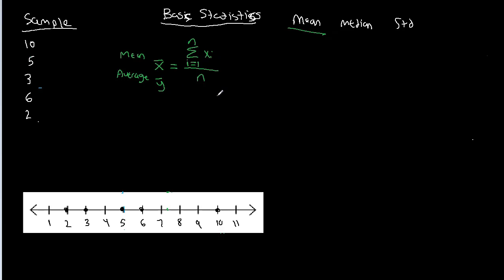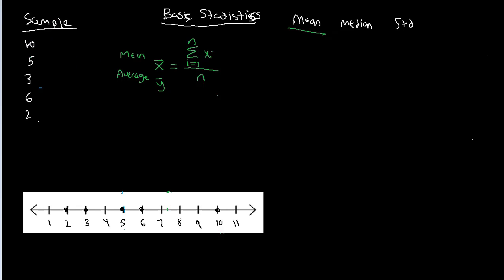Just taking a step back, conceptually what the mean does is it adds all the numbers in the data set and then divides by the number of items in the data set. So what this is doing is the exact same thing. The summation from i equals 1 to n is just a fancy way of saying, hey, add up all of the numbers in the data set. This n is again just the number of items that we have.